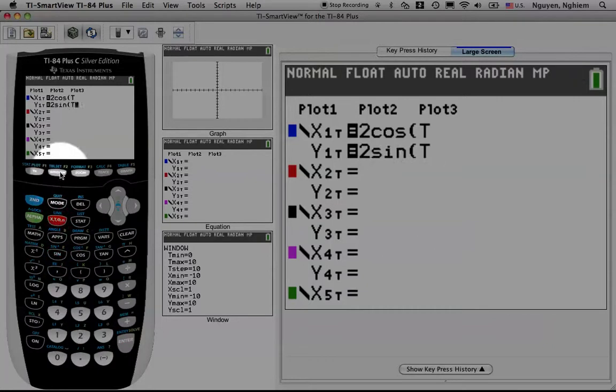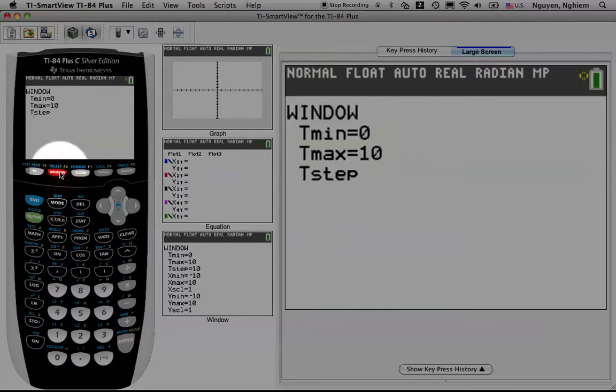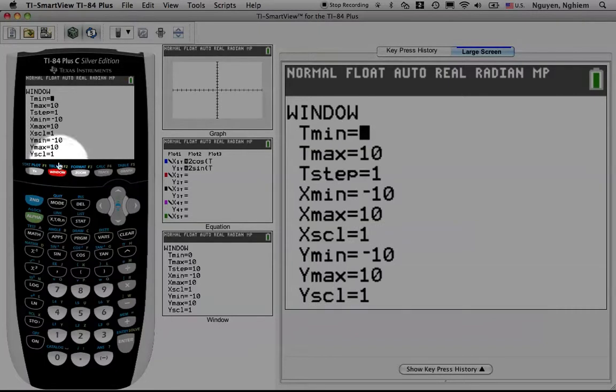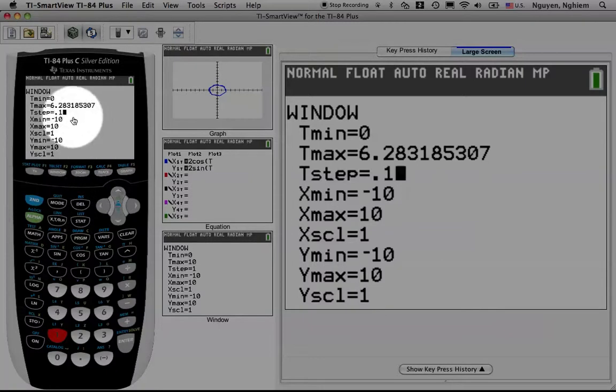I'm going to look at my window here, and notice that since we are in radian mode, you want to make t between 0 and 2 pi. You can certainly do more than that, but I'm going to go up to 2 pi. For the t step, I'm going to use 1/10, so this is 1/10 of a radian. If I make t step really big, the graph will be inaccurate.